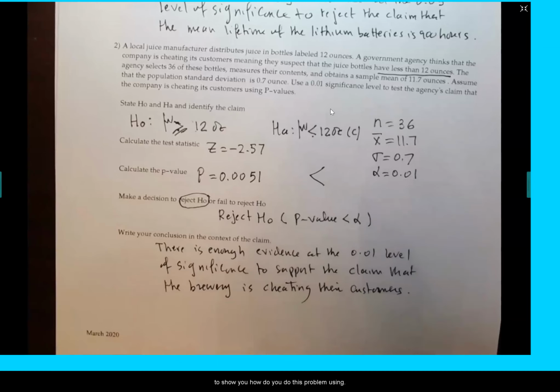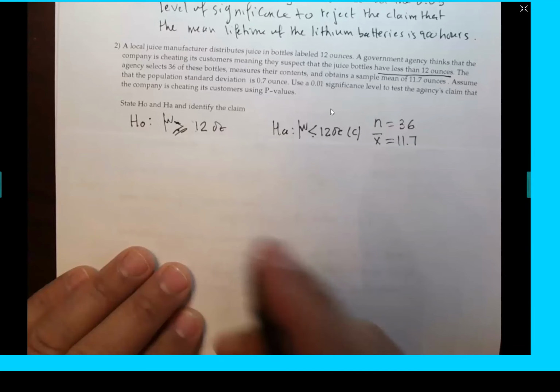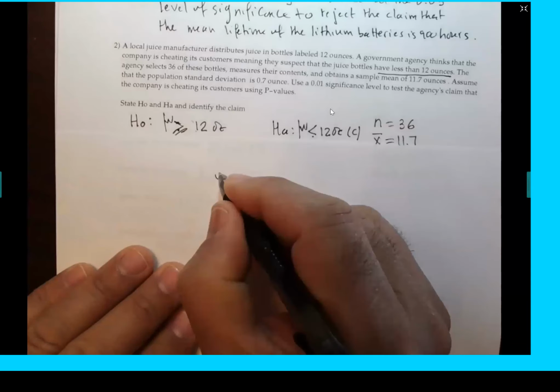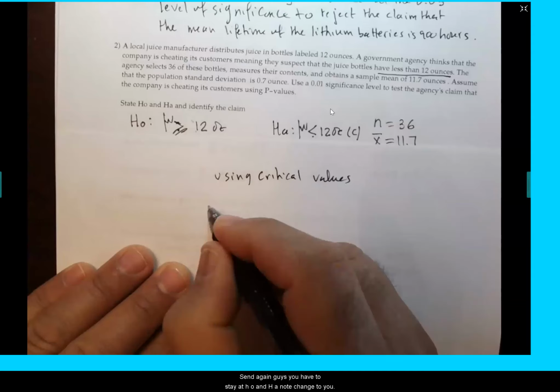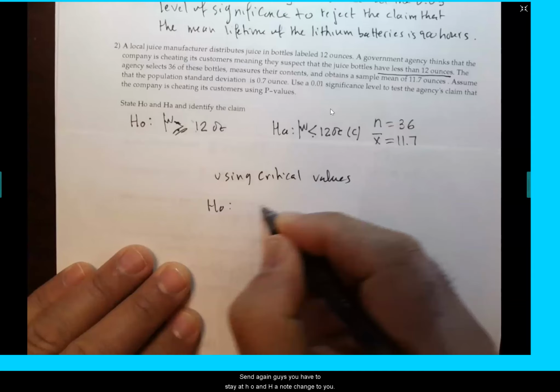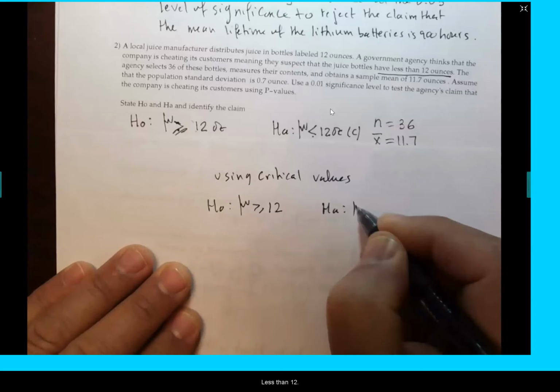Now I'm going to show you how to do this problem using critical values. So bear with me for a second and I'll show you how to do the critical value approach. Watch. All right. Using critical values. Same again, guys, you have to state H0 and HA, no change here. Less than 12. And this is where the claim is.